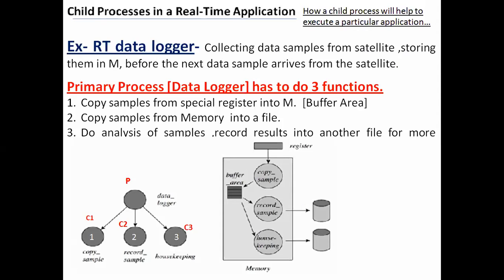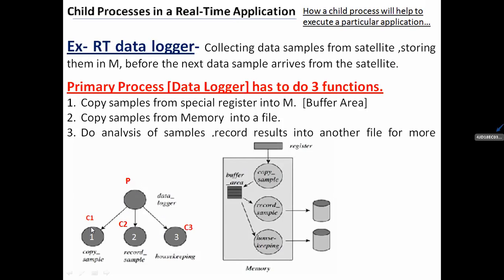By taking this example, we'll see how the particular application is handled by the operating system. As you can see in the figure, we have the parent process, and the example for the parent process is the data logger, whose main function is to accept the samples obtained from the satellite. This data logger is a parent process, and it will create three child processes, C1, C2, and C3.